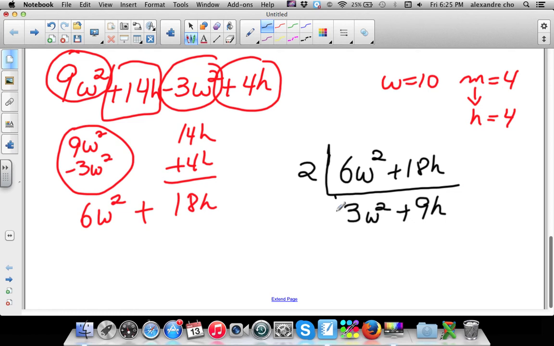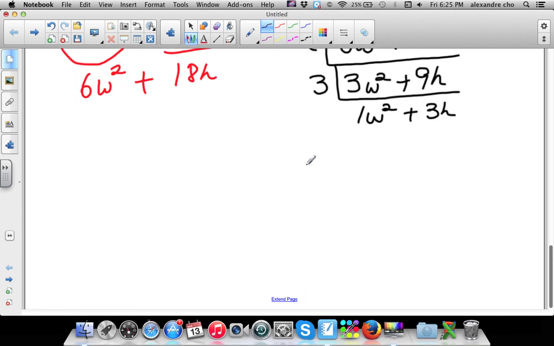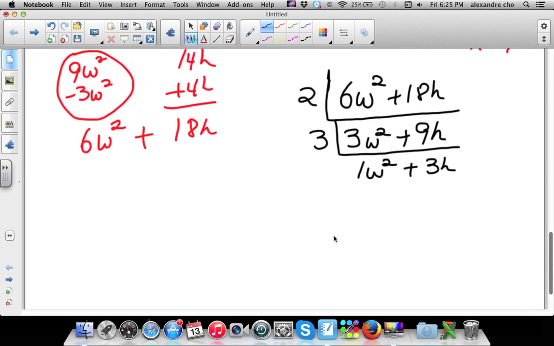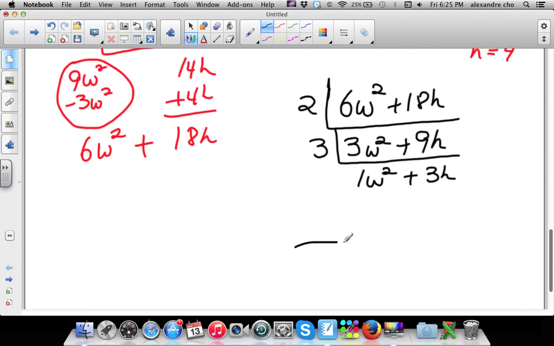There is another number that we can use to continue this, and that number is 3, because 3 goes into 3, and 3 goes into 9. So 3 goes into 3 one time, 1w squared, and 3 goes into 9 3 times, and that gives us 3h. So our expression is going to look like this.